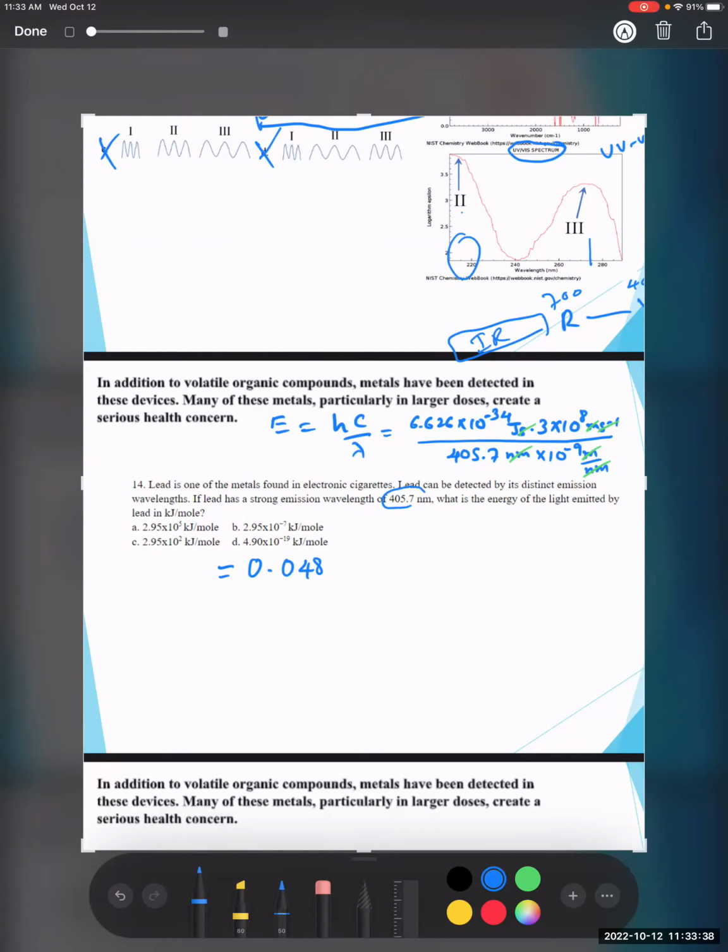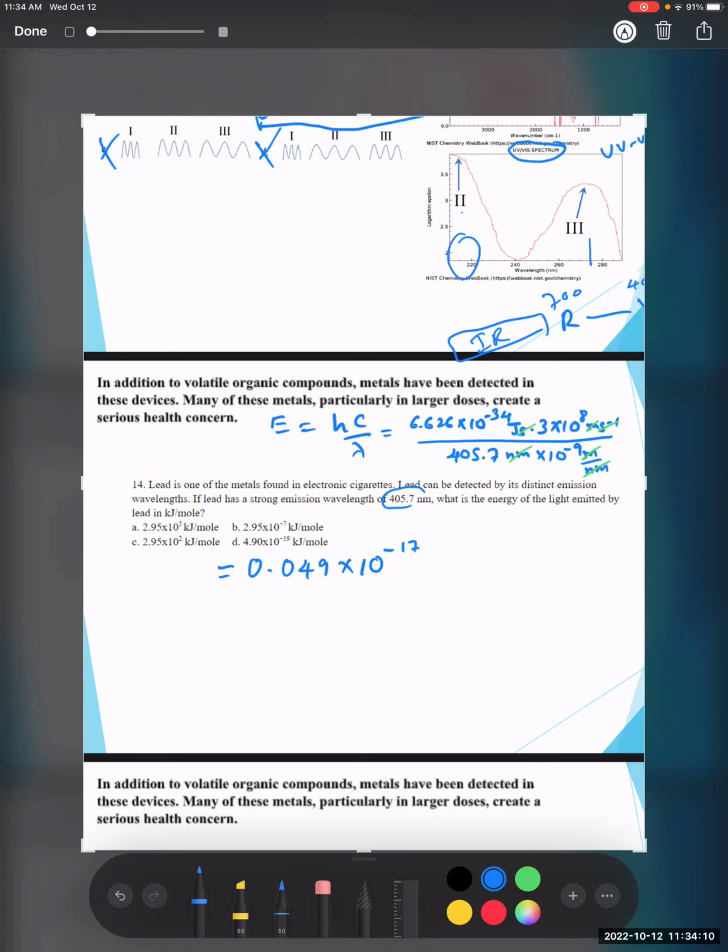Let's say 49, times now the exponents of 10. 10 to the power of minus 34 times 10 to the power of 8 is 10 to the power of minus 26, and 10 to the power of minus 26 divided by 10 to the power of minus 9 is 10 to the power of minus 17 joules. This is like 4.9 times 10 to the power of minus 19 joules per photon.